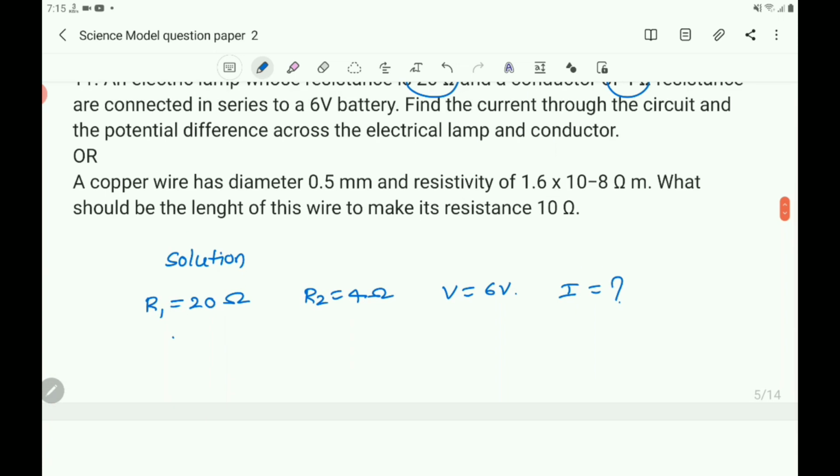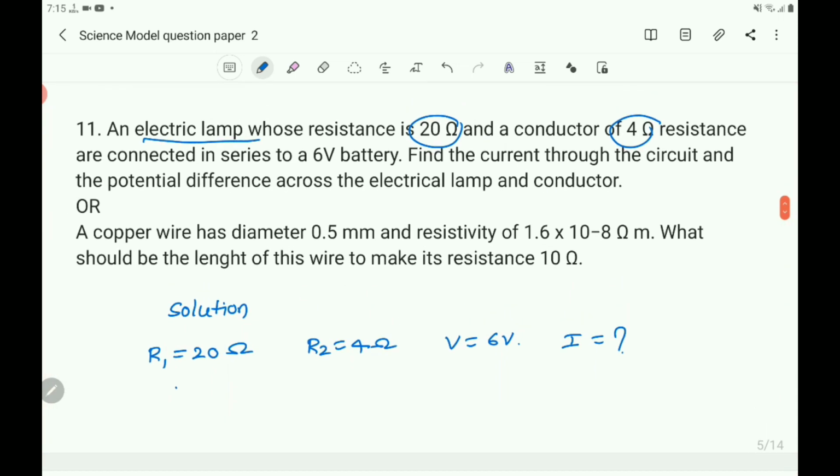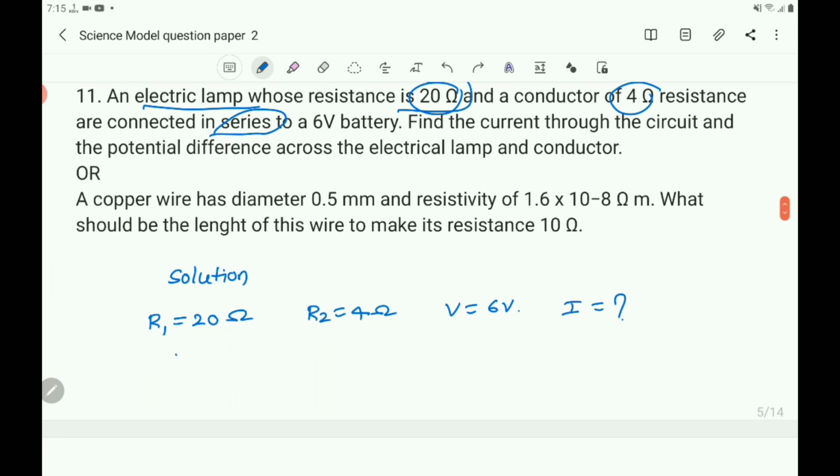Now here the electric lamp and conductor are connected in series. The electric lamp whose resistance is 20 ohm and the conductor of 4 ohm are connected in series. You know that in series connection the total resistance is R equals R1 plus R2, that equals 20 plus 4 equals 24 ohms.